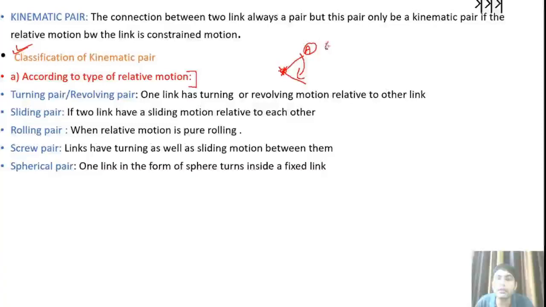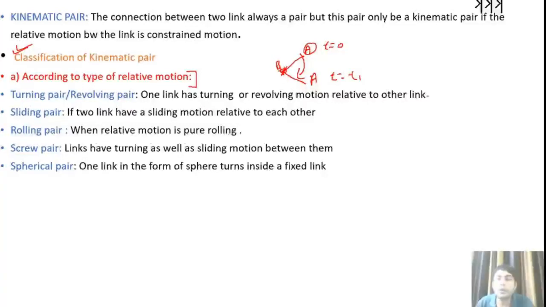At moment t equal to 0, the position of link A is here, and at moment t equal to t1, the position of the link is here. It means link A is revolving about the link B, then it is known as turning pair.